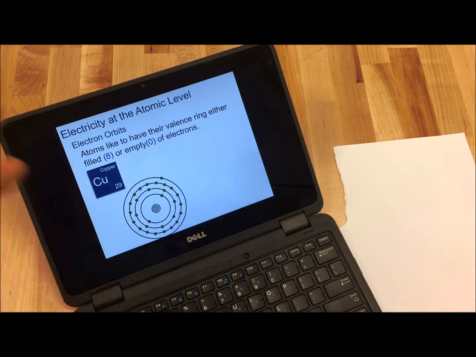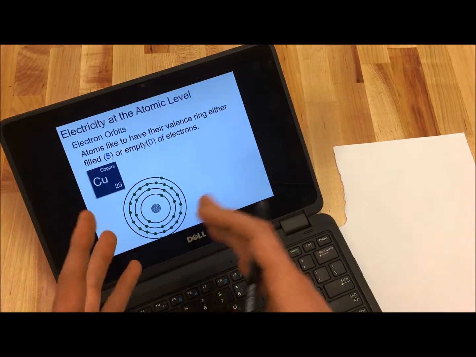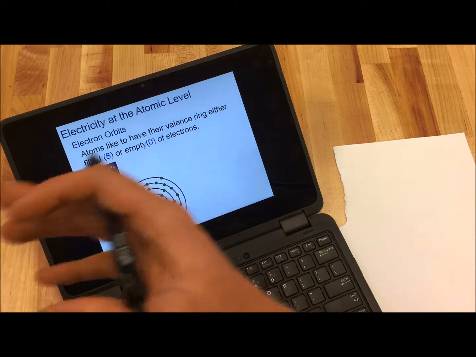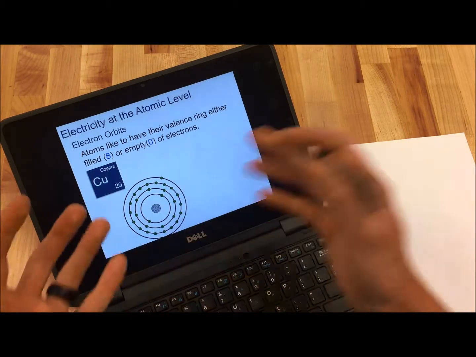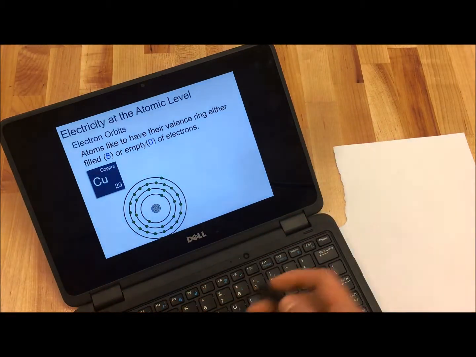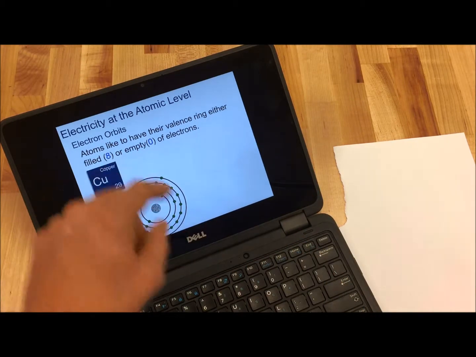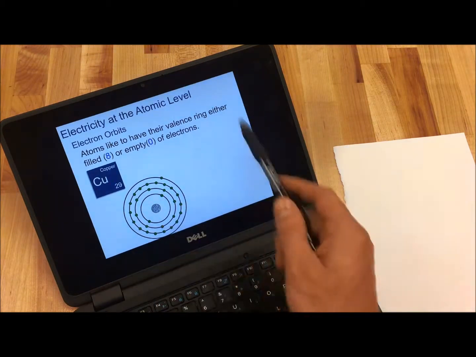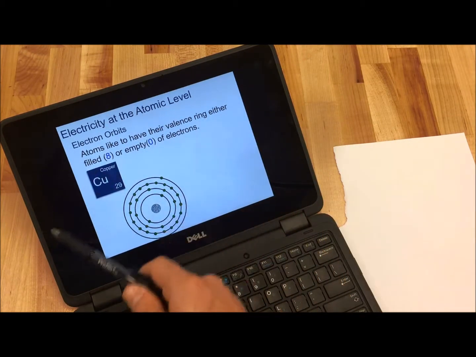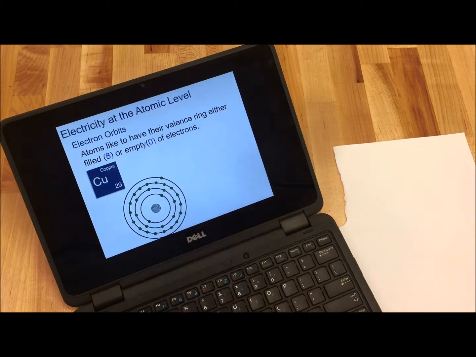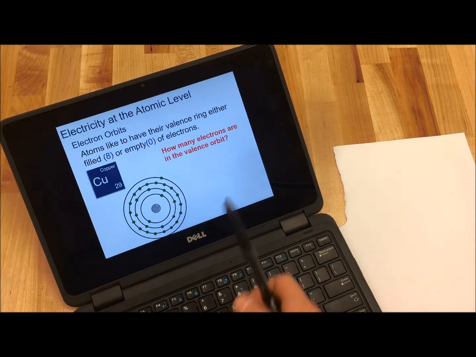The reason we bring that up is, once again, the number of valence electrons determines an element's ability to either conduct or insulate. So here we have copper. Copper has 1 valence electron, and electron orbits like to have either a filled ring or empty rings. So how many electrons are in the valence orbit?